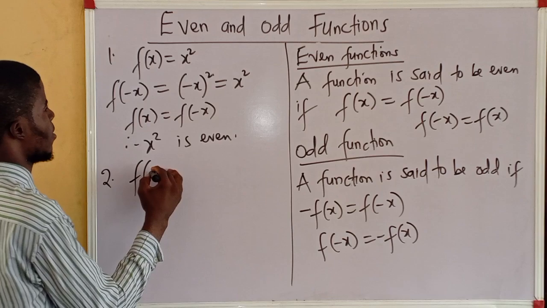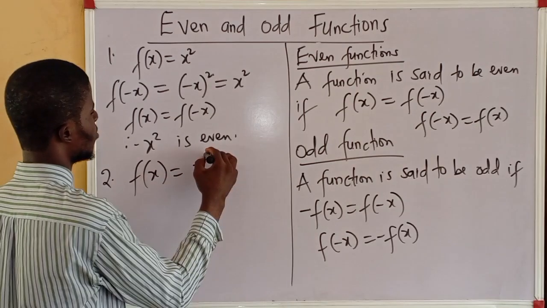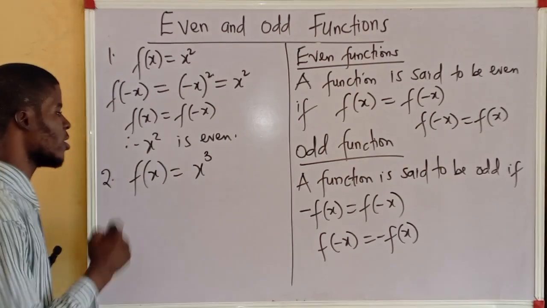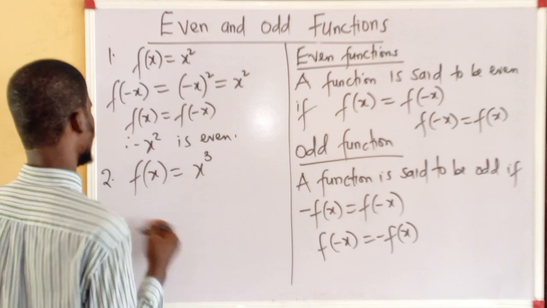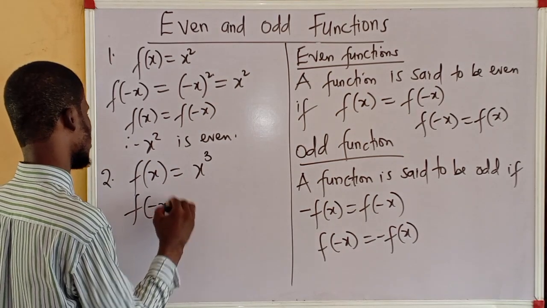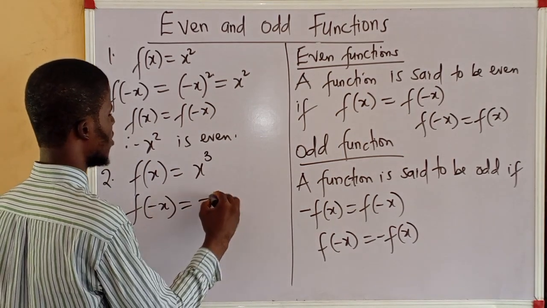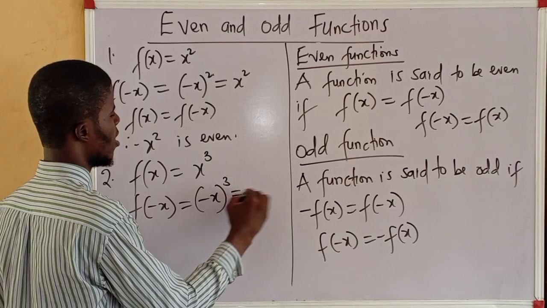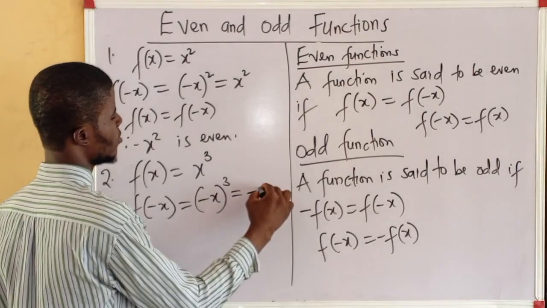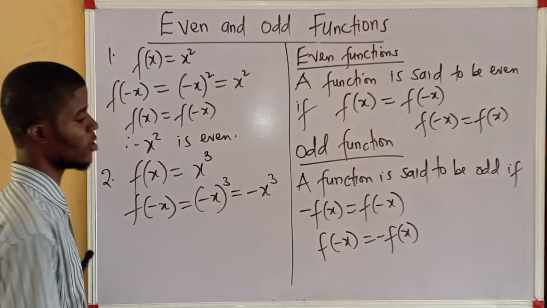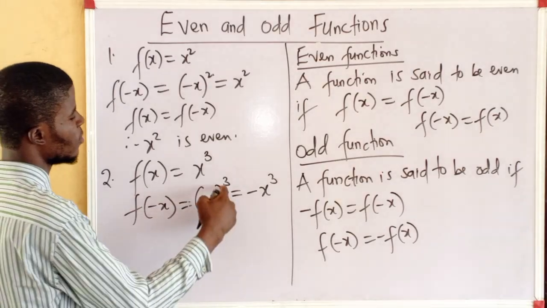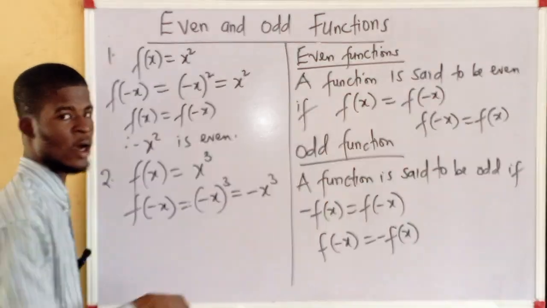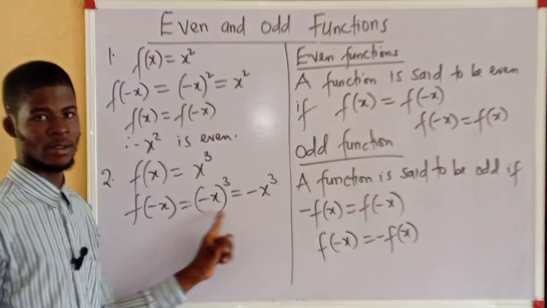f of x equal to x to the third. This function is odd because if I take f of minus x, which is equal to minus x all to the third, I will obtain minus x cubed. Yes, if you raise a negative number to an odd power, the negative sign will remain.